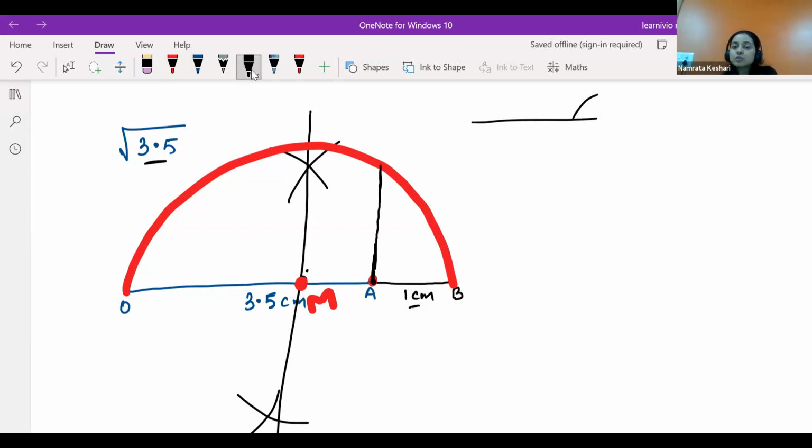I have just shown by making arcs like this, and then join. Please make the perpendicular. Everyone done? Please let me know one by one, if you are done so far or not.